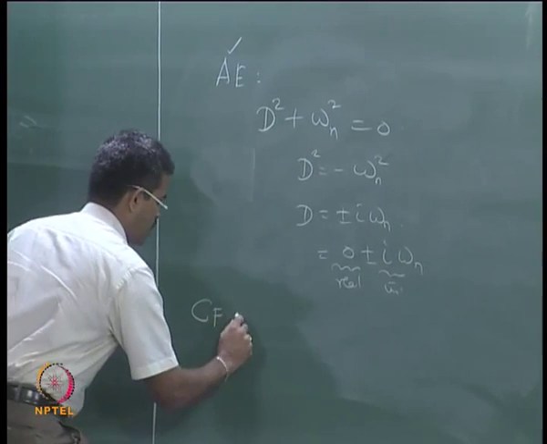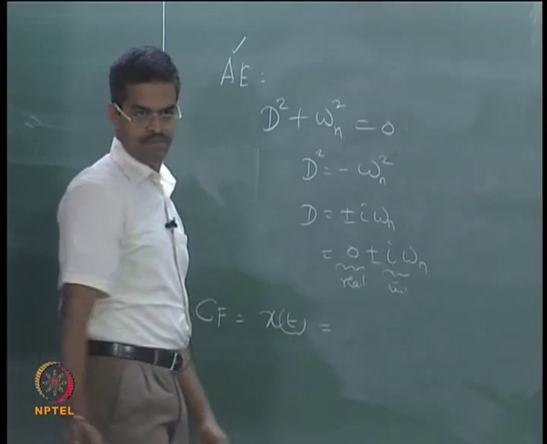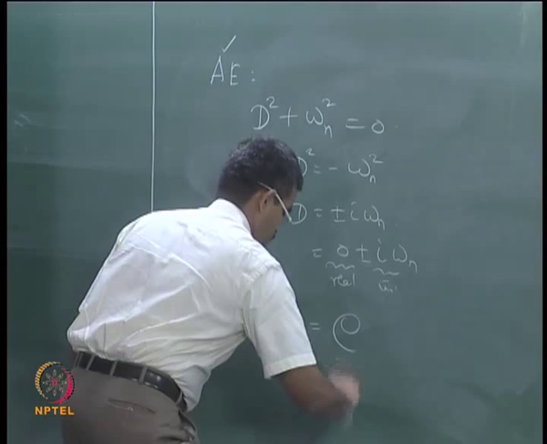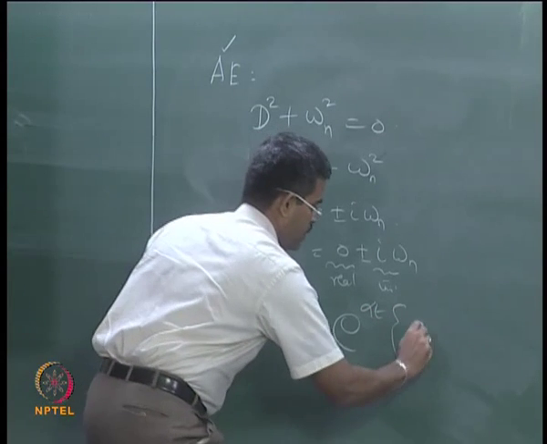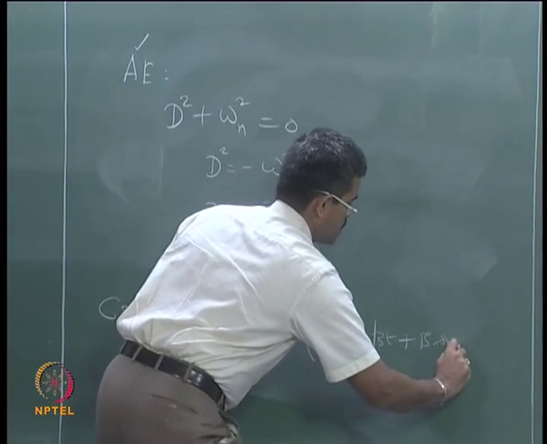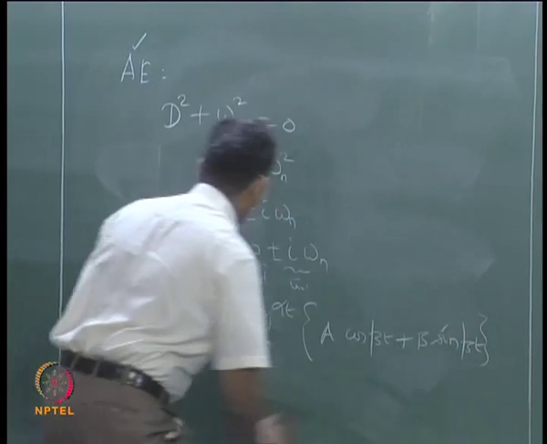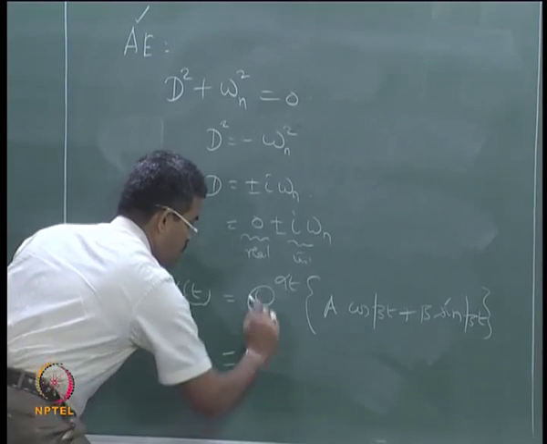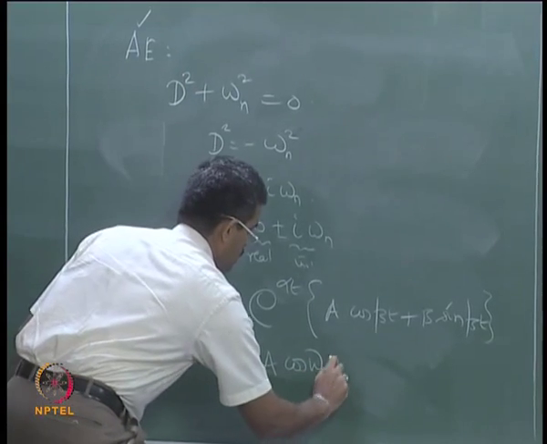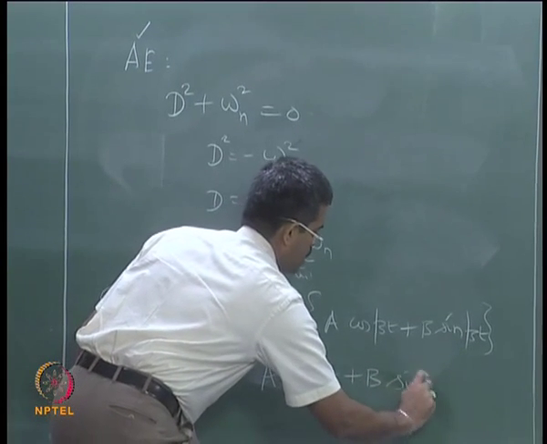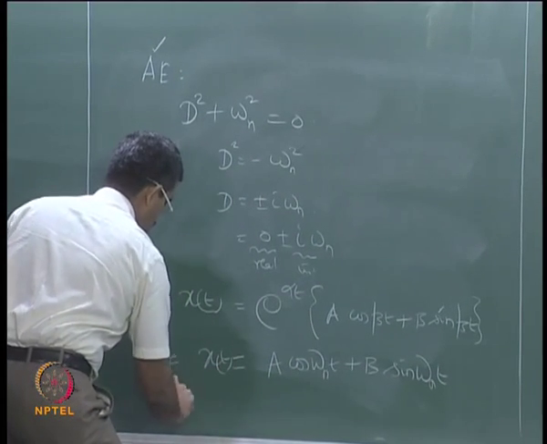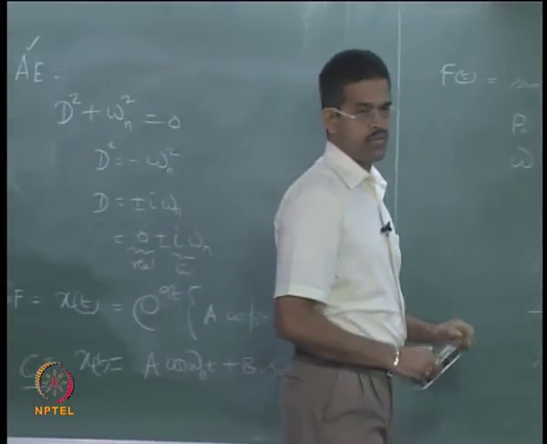Therefore the complementary function, which will be x of t, which will be e to the alpha t, a cos beta t plus b sin beta t. That is a general equation. For my problem alpha becomes 0. So a cos omega n t plus b sin omega n t. That is my x of t, which is only my complementary function. So only one part of the answer.